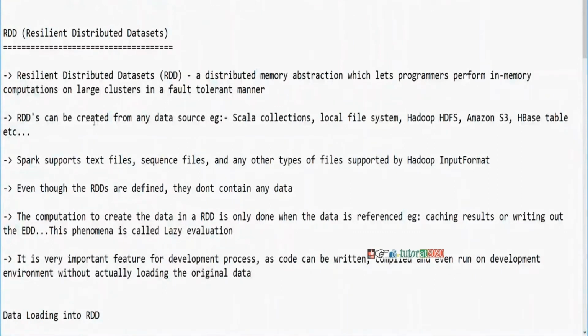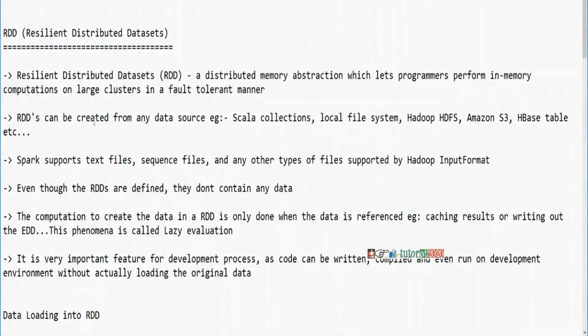So Spark is all about creating RDDs, okay, and these RDDs can be created from any kind of data source, right? It could be from Scala collections. It could be reading a file that is stored on the disk. It could be any type of data, right? It could be a text file.